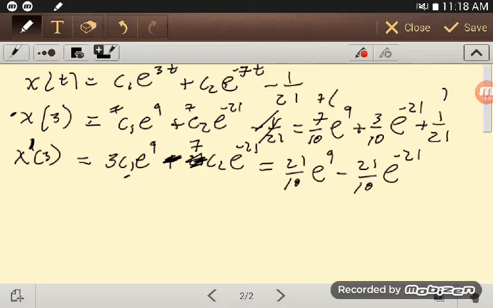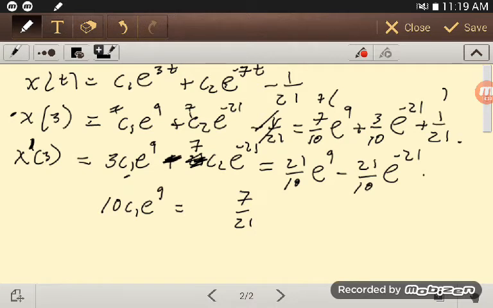When I do that, on this side I just get 10 c1 e to the 9 because these two will cancel when I add everything together. On the right side, I multiplied by 7, so I will have a 7 over 21 out here, or 1/3.